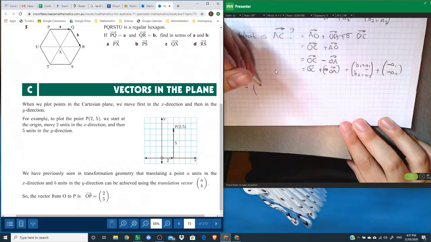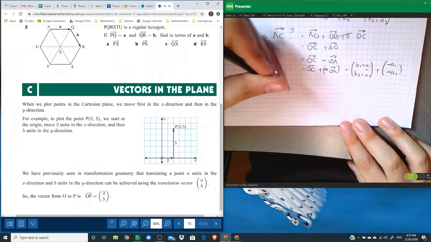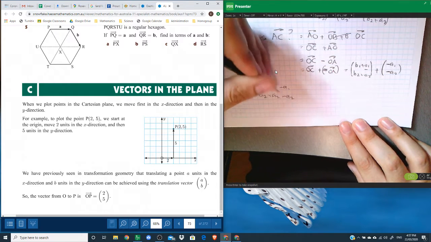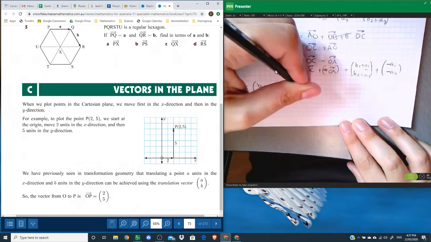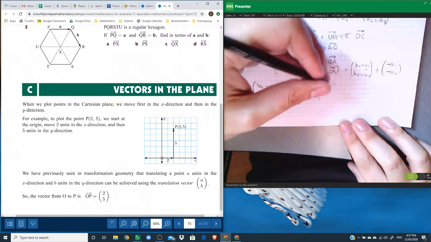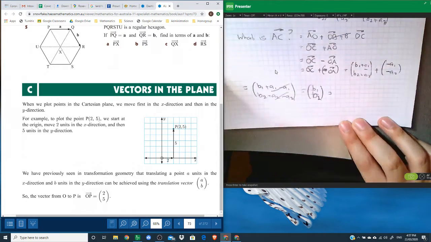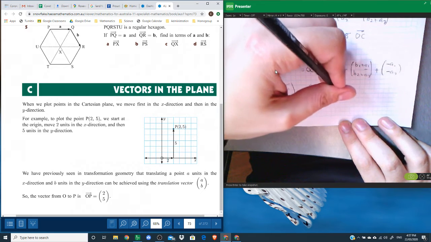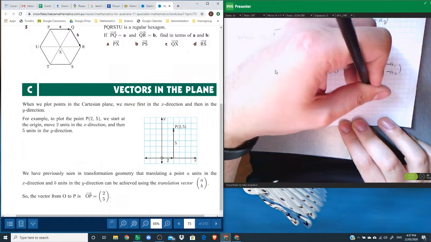B1 plus A1 minus A1, B2 plus A2 minus A2. You can see what happens. They're equal to B1 and B2. So we just demonstrated that, and that implies that AC is the same as OB.